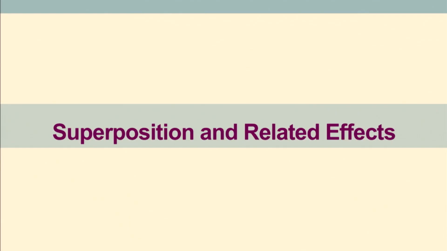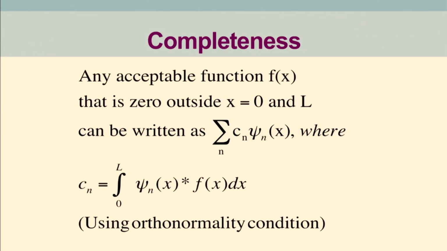There are a few other very important properties of these wave functions. An acceptable function f of x that is 0 outside the region of the potential well, that is, outside x equal to 0 and L, can be written as a linear combination of these wave functions psi n of x, and this is also called the completeness relation.